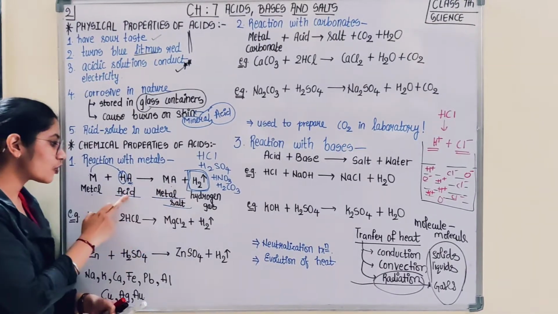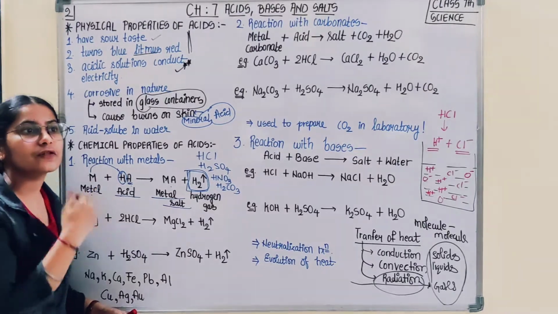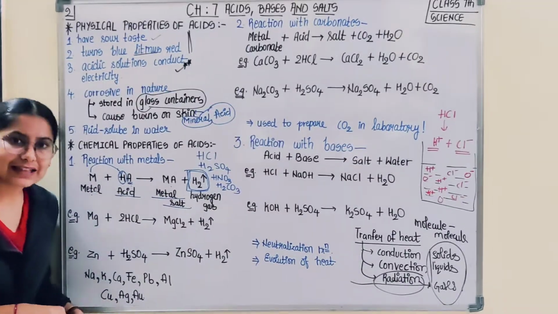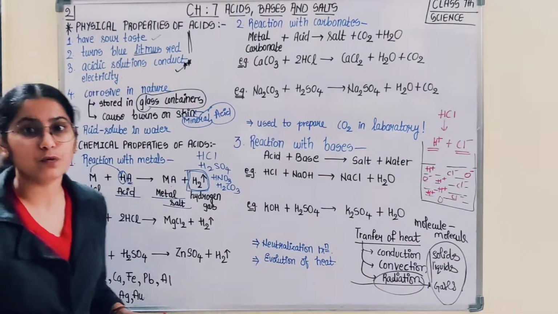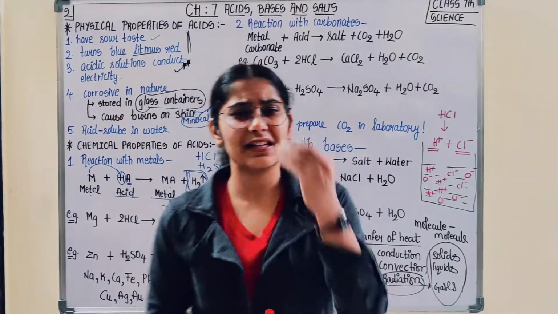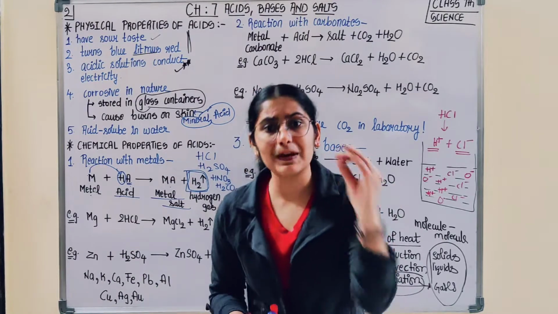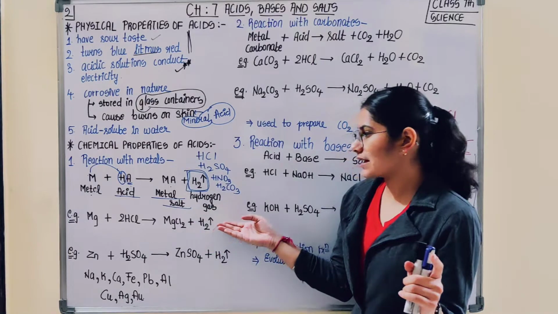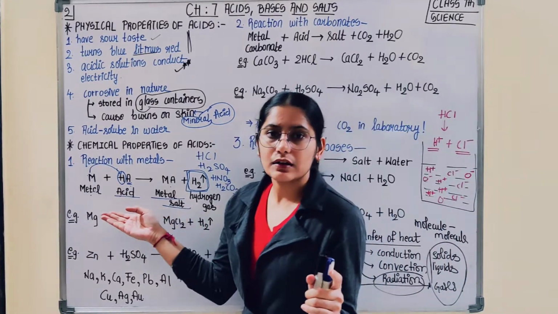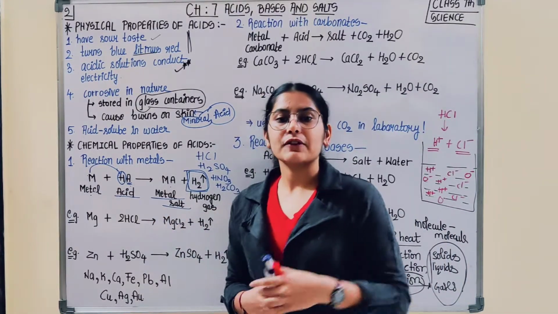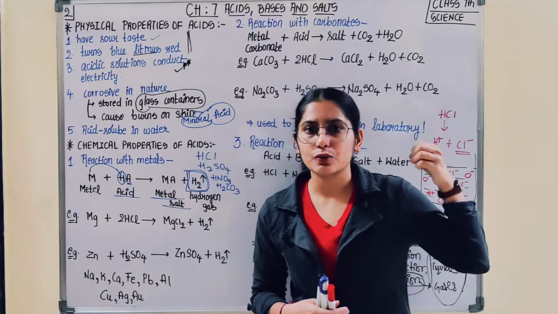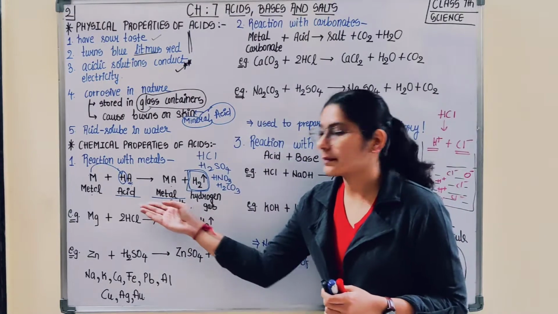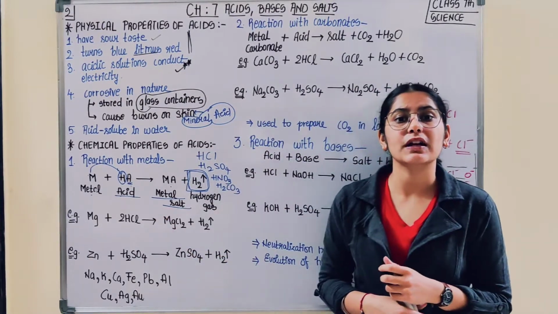So if you would be storing acid in a metal container, after some time, it would take a long time, but yes, there would be contamination, there would be a reaction taking place, very slow, but taking place. When you store the acid in a metal container, after a few days or a few months, when you observe it you won't be getting any acid, but you would be getting the metal salt of the container.